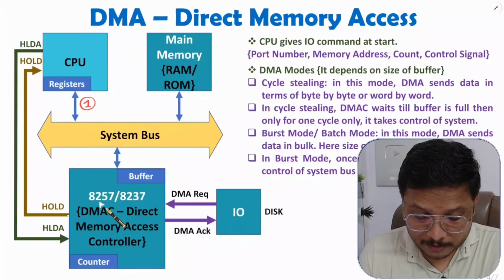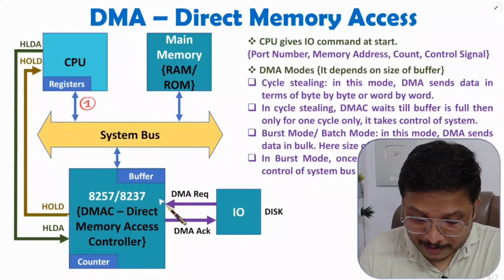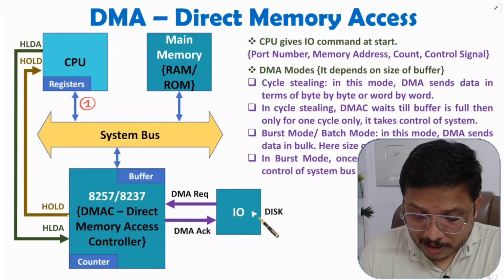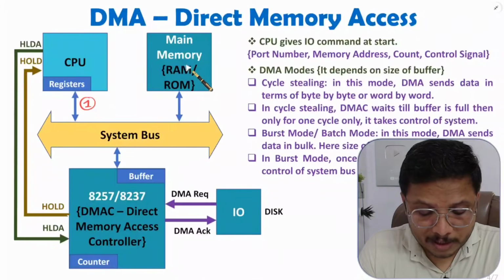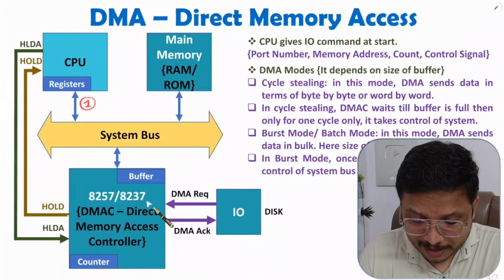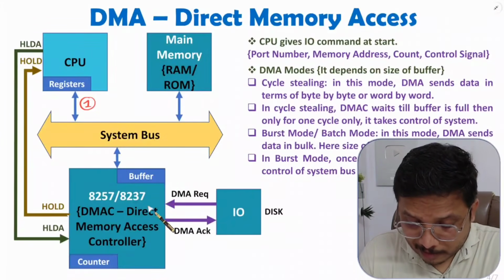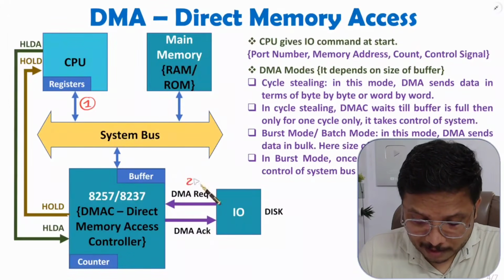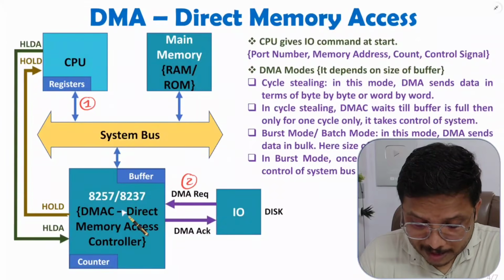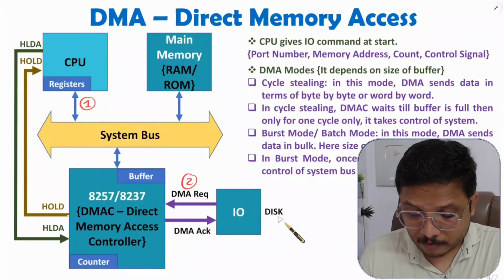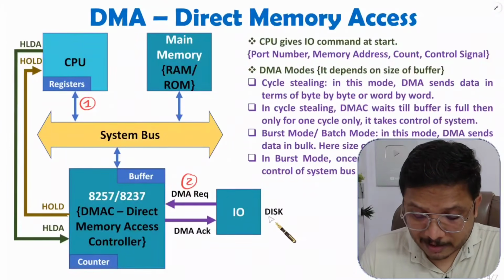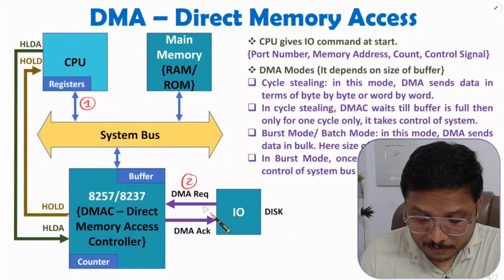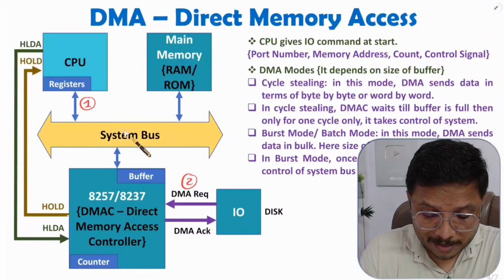So direct memory access knows we are transferring data from disk to main memory. Direct memory access will wait till the disk gives a DMA request. The DMA request will be received by direct memory access from the disk. It indicates that the disk is now ready to transfer data to main memory.